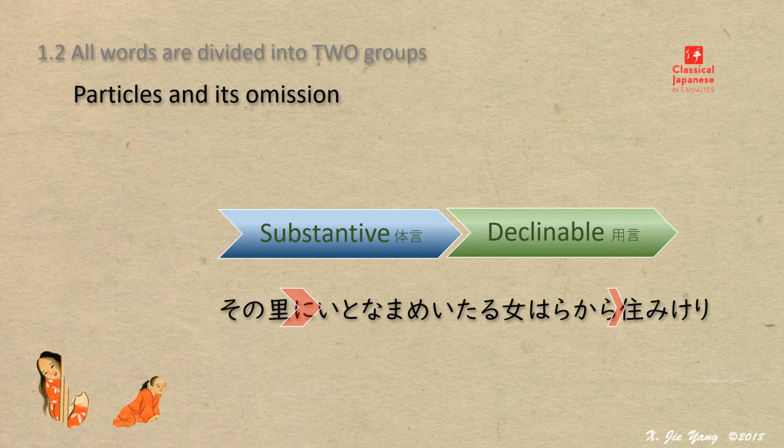However, onna hara kara sumikeri, in contemporary Japanese, we do need a particle ga in between. In other words, if you only state onna kyōdai sundeita, we normally consider that not completed or not a proper sentence in contemporary Japanese.